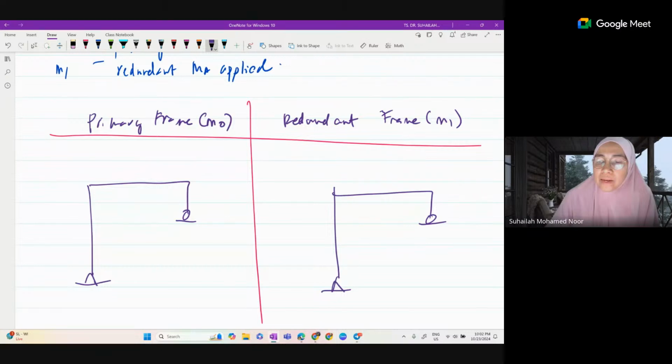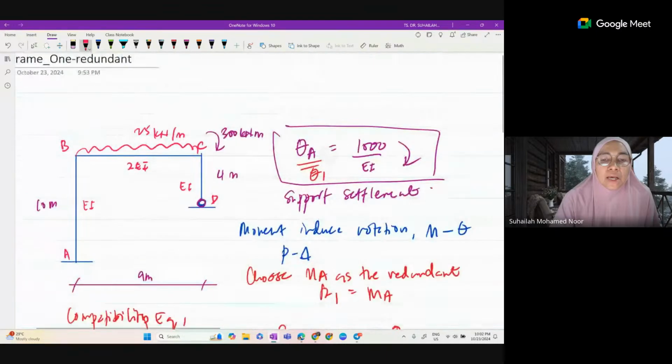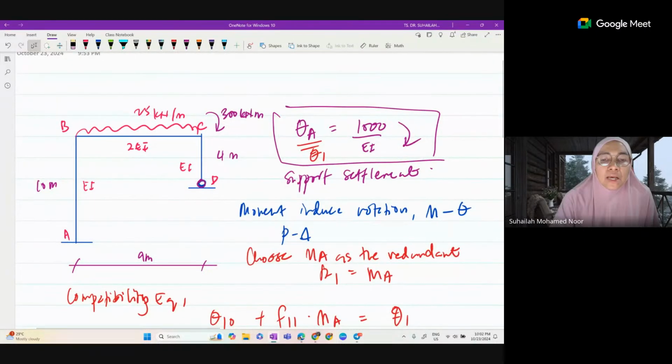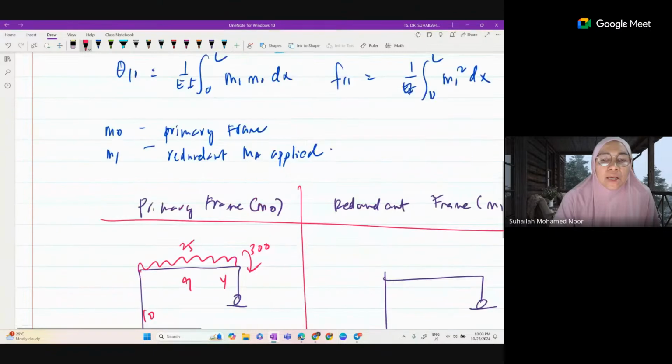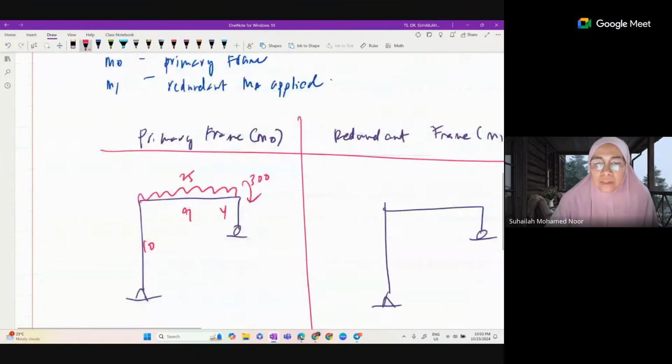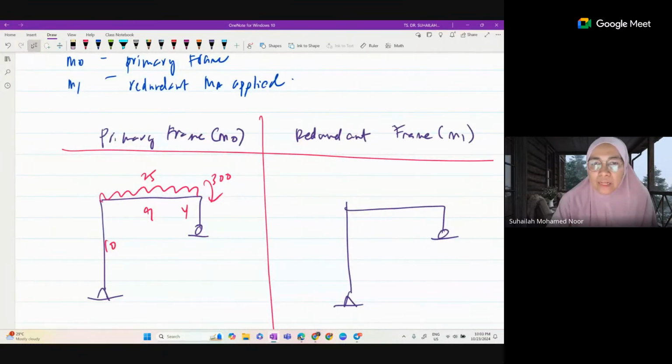For the primary frame, we keep all external loading. So here, the load along member BC, and then a clockwise moment, and the values are 25 and 300, with dimensions 10, 10, 9, and 4 meters. So this is the primary frame, just like the real frame.